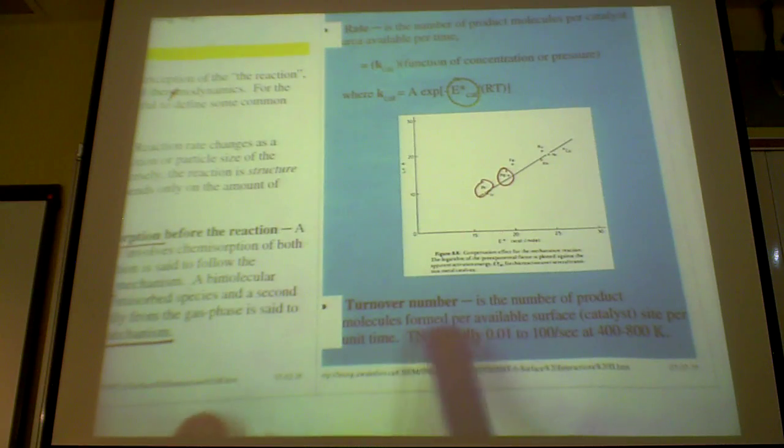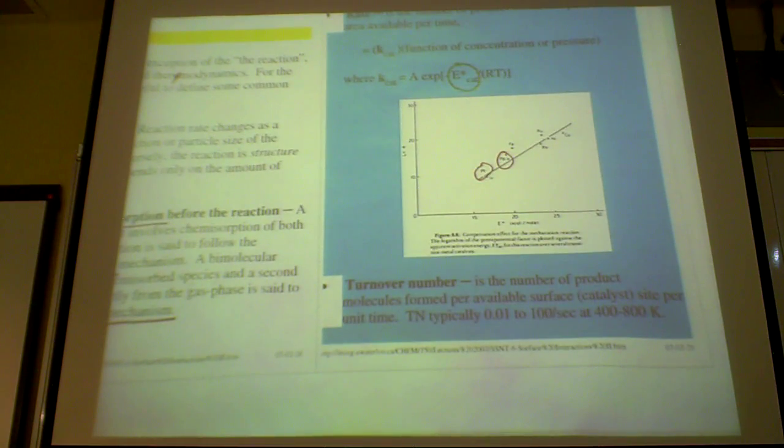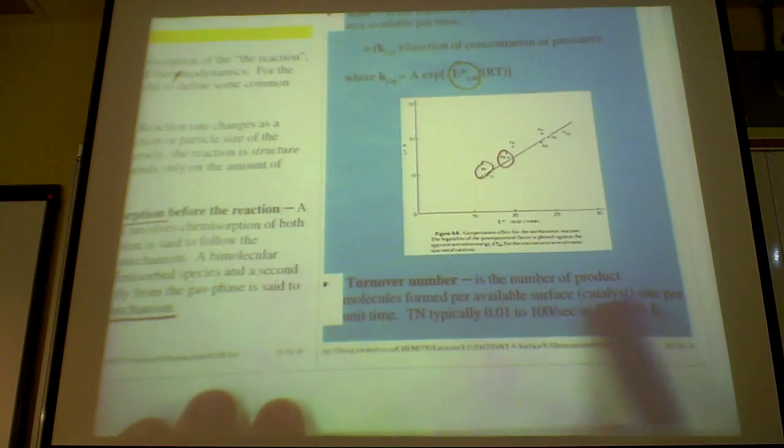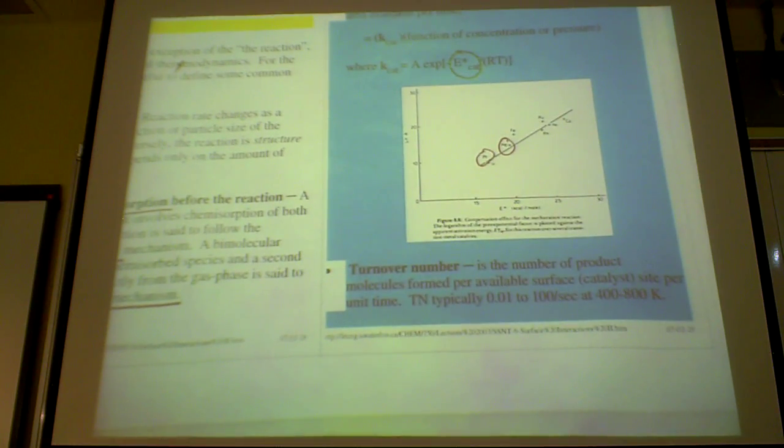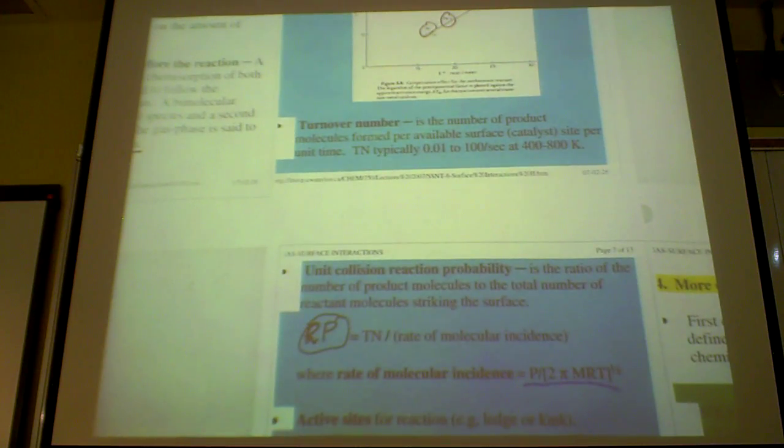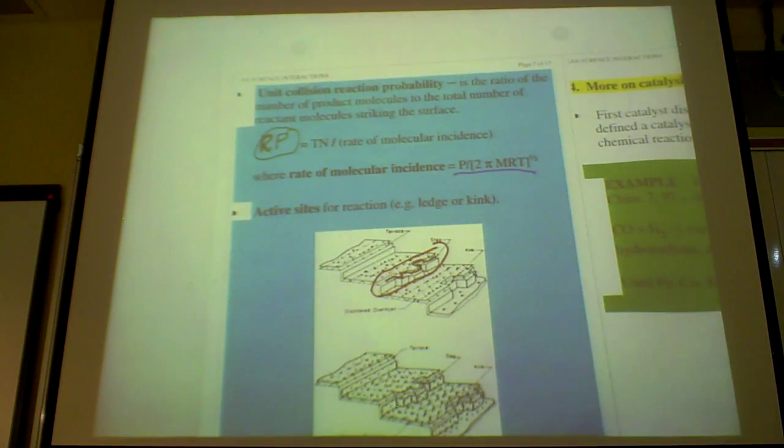Then we have something called the turnover number, which catalysis people use quite a lot. The turnover number is the number of product molecules formed per catalyst site per unit time. So when you talk to chemical engineering people, they will mention this turnover number. The higher the turnover number, the more efficient the catalyst is. Next, they would talk about reaction probability, which is related to turnover number.